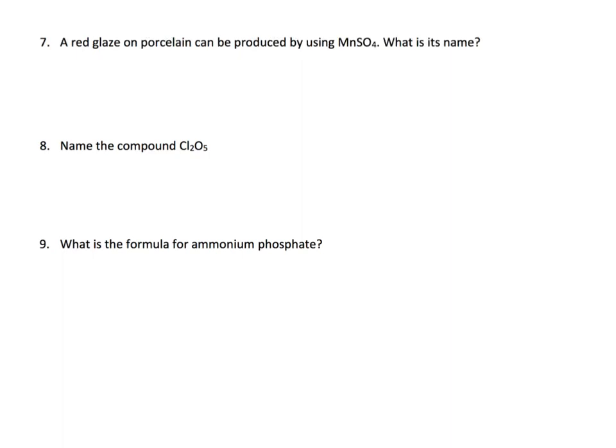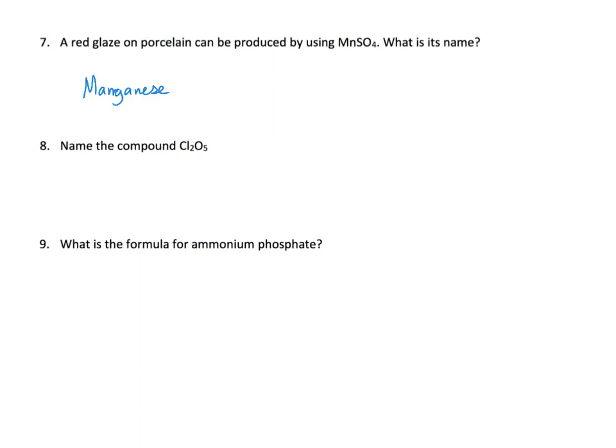I have 3 here. These are quick. Question 7, a red glaze on porcelain can be produced by using MnSO4, which is manganese sulfate. So Mn is manganese. Now, manganese is one of those elements that can actually take more than one possible charge.